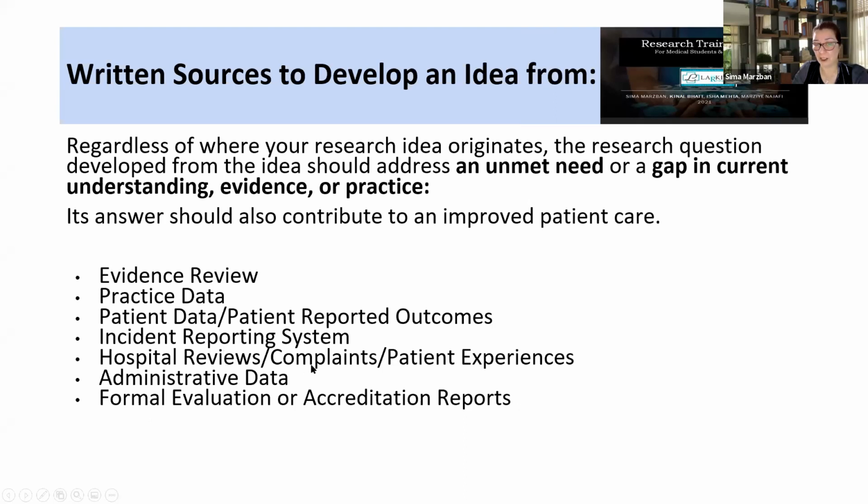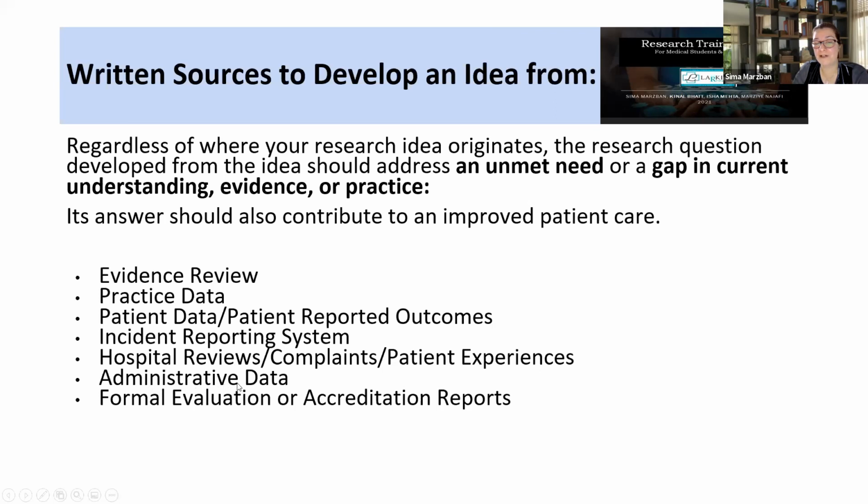Hospital reviews, complaints, and patient experiences are other written sources to find research issues. Administrative data: if you find waiting lines, delays, complaints, lack or shortcoming of human resources, issues with tasks and duties, where it's not clear who does what, who reports to whom.